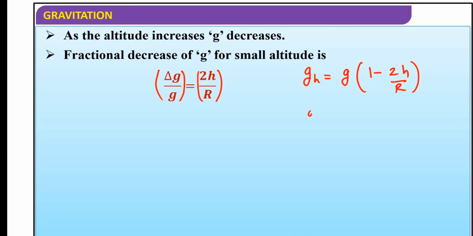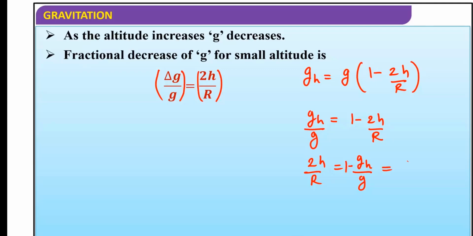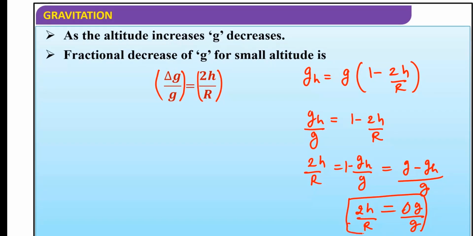Okay, so it can be simply written as gh upon g equals 1 minus 2h upon R. So again 2h by R will be equal to 1 minus gh by g. So that is (g minus gh) upon g, which is nothing but delta g by g. This is equal to 2h upon R. Okay. No need to do the derivation, but here it was written directly, so that's why I did it. Okay. I hope this is also clear.